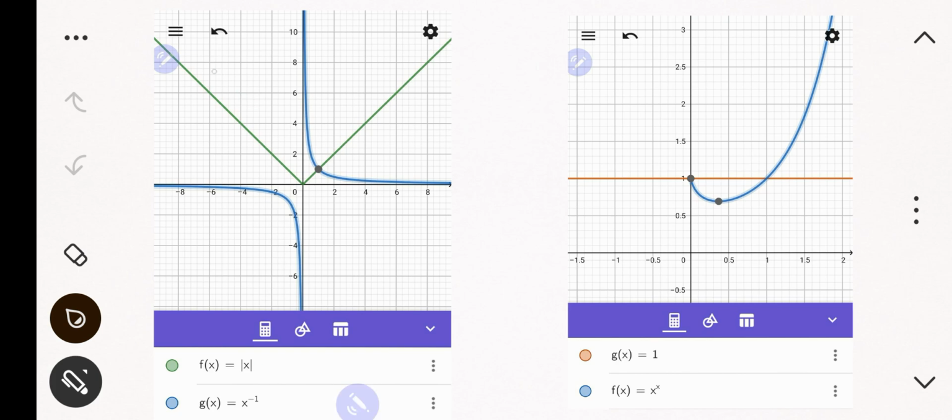So the modulus of x is this green line here, and x over minus 1 is this blue line here. I said red, no, it's green and blue, and the only point where they match is this point here, which is 1. If we just zoom in, we're going to find that this is the point equals 1.